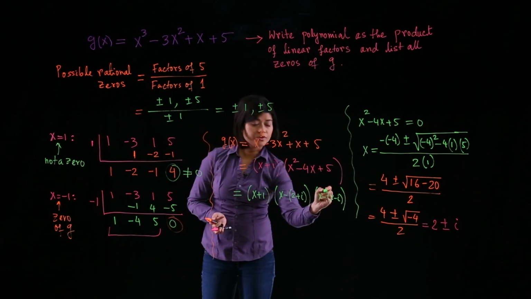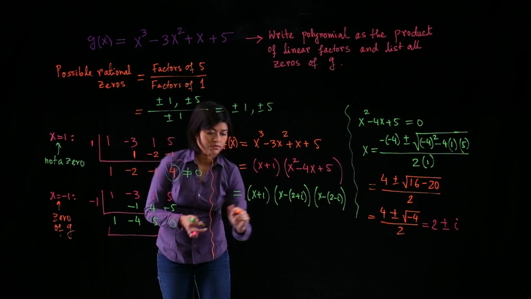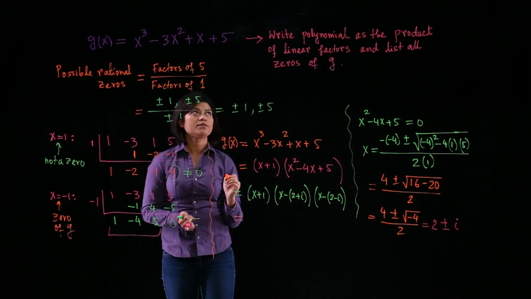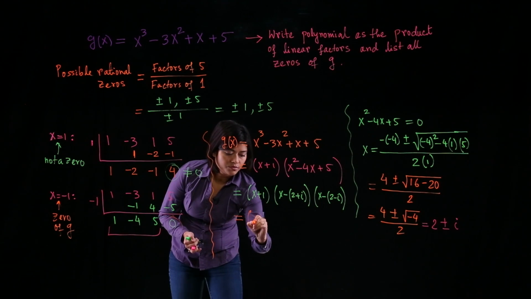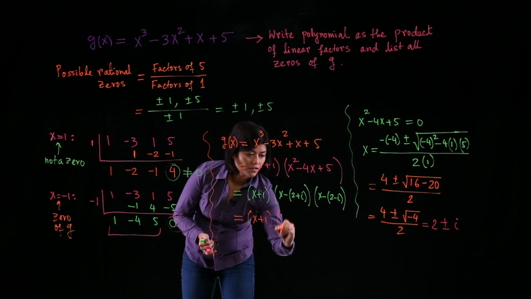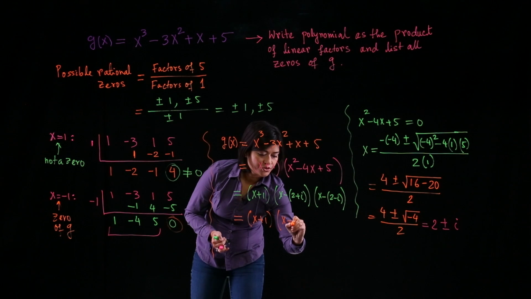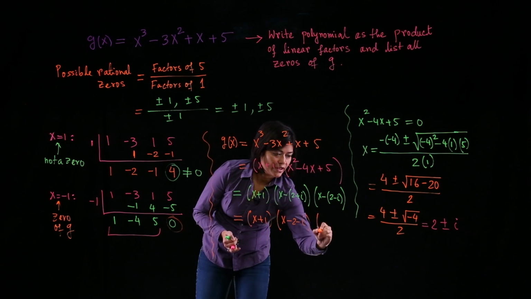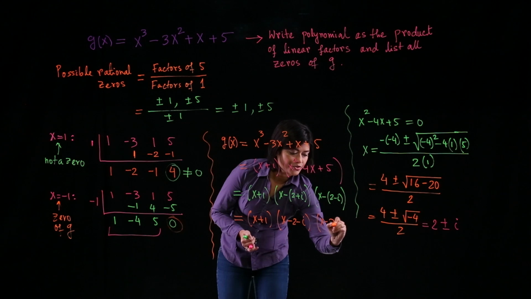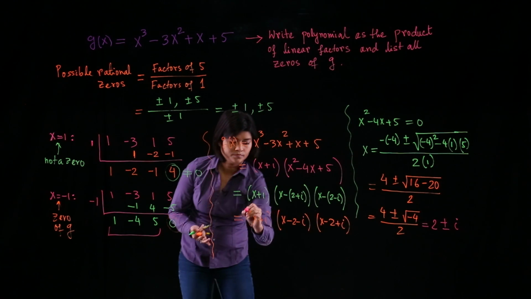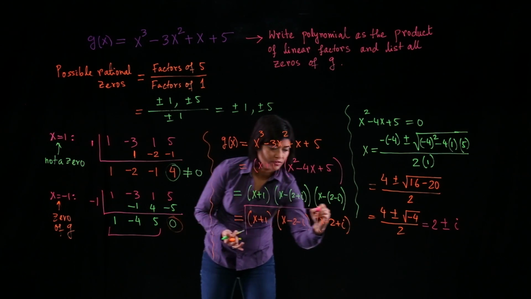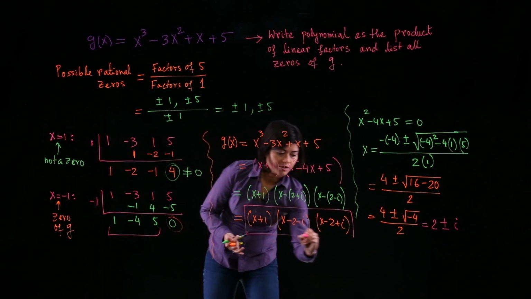If you want, you can distribute the negative sign and write one more step. And these are the linear factors of g. One is x plus 1. One is x minus 2 minus i. And x minus 2 plus i. So that's the first part of the problem.